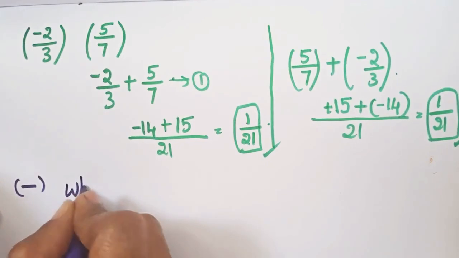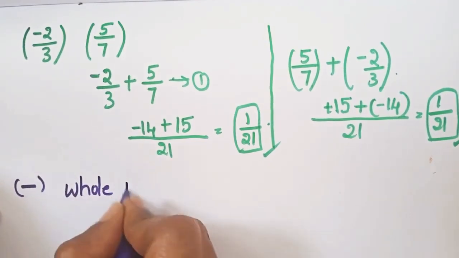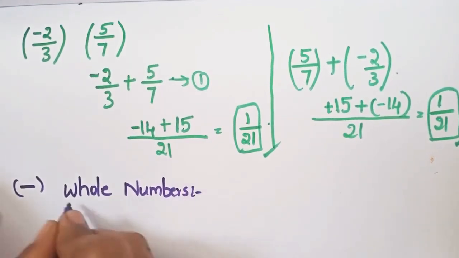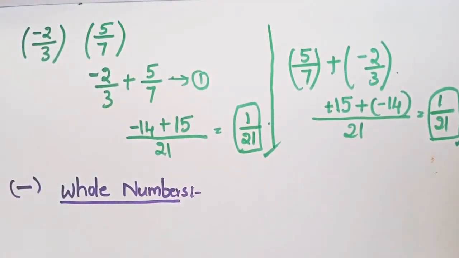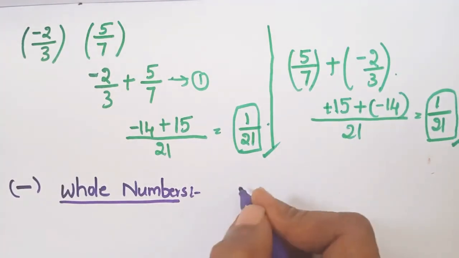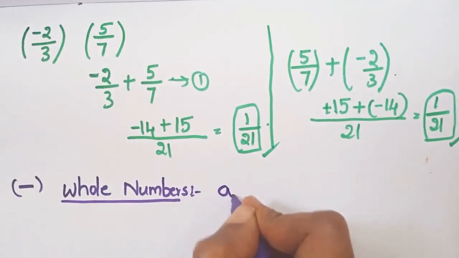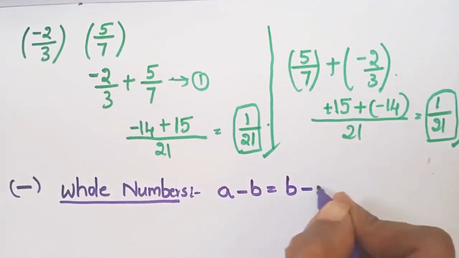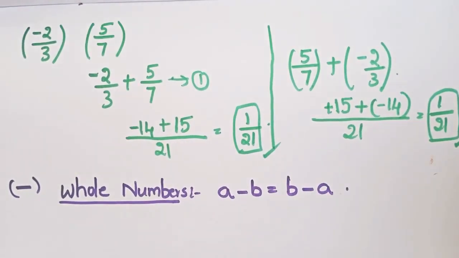Anyway, we will start with our whole numbers. Let us check for whole numbers. Okay, while explaining commutativity, how to explain in a general form? My A minus B must be equal to my B minus A. The same thing when we are checking for addition, A plus B must be equal to B plus A. That is called commutative property.